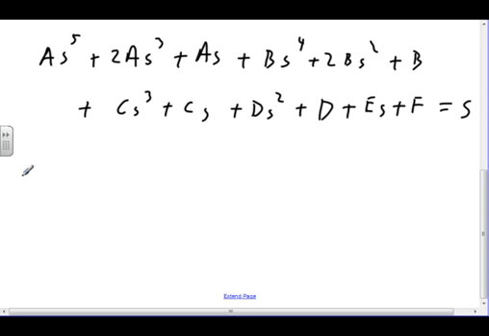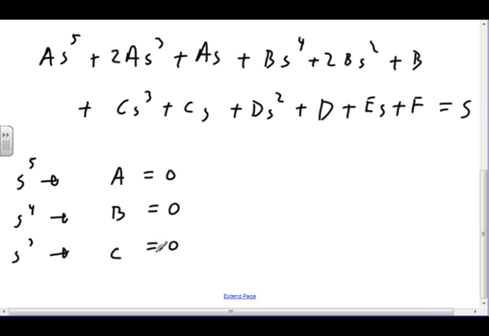Okay, I look at the s to the fifth term, and I get A is equal to 0. I look at the s to the fourth term, I get B is equal to 0. Look at the s to the third term, I get C is equal to 0.